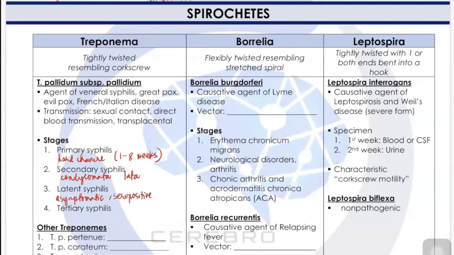And for tertiary syphilis, that would be gummas, which are usually present in the skin or even the bone. And of course, tertiary syphilis is now associated with cardiovascular and neurological involvement.